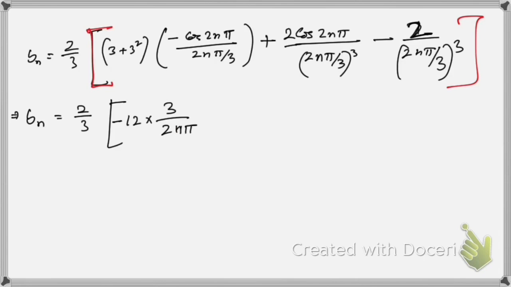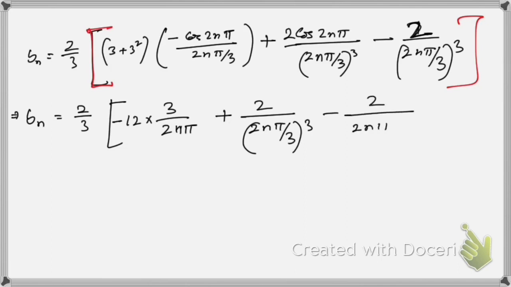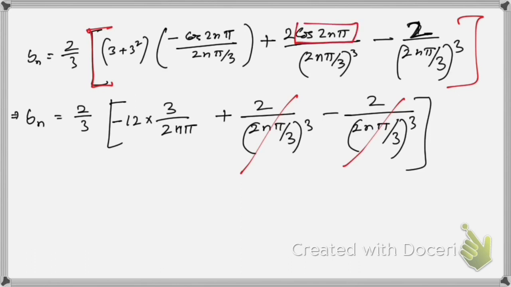Then here you're going to have 2 by 2n pi by 3 whole cube minus 2 by 2n pi by 3 whole cube, right? So you're going to get this, and this cancels. So here you see value of this is 1, and value of this one is also 1.